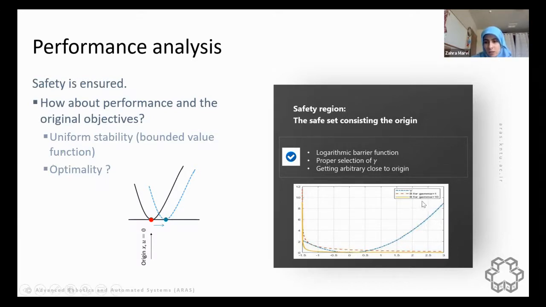For gamma equal to 1, you see that we have some deviation from the optimum point, but for gamma equal to 10, this is almost equal to 0. So the idea is that it depends on how close we want to get to our original optimum point, and with proper selection of gamma, we can get arbitrarily close to the origin. And the result is that yes, we can have a good performance if it's safely possible.